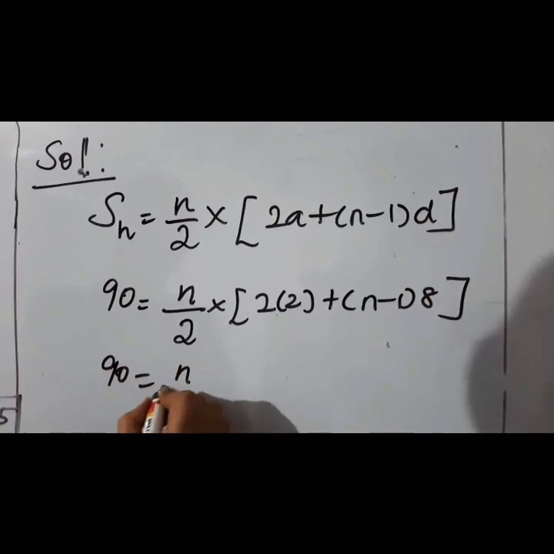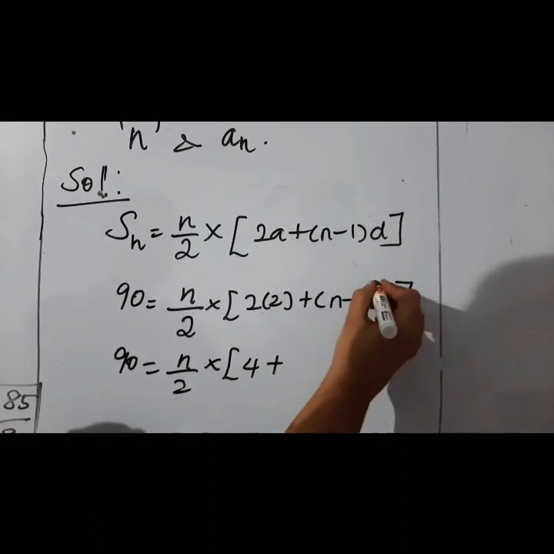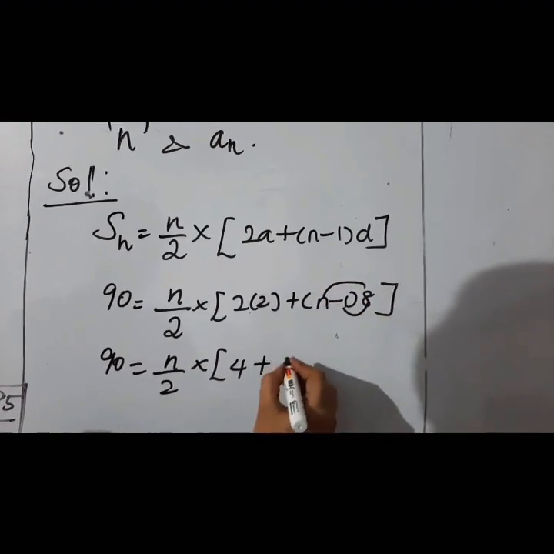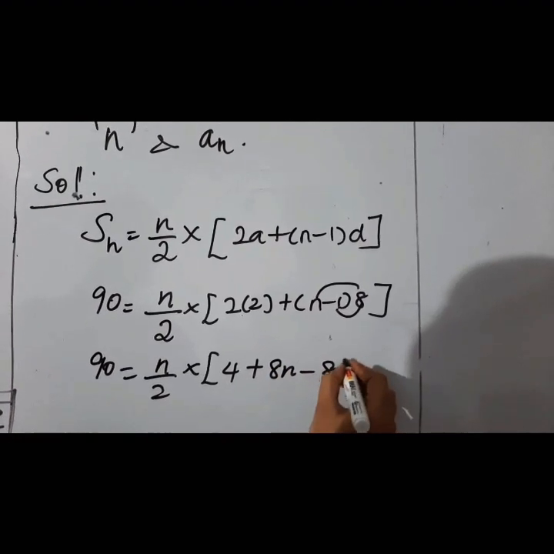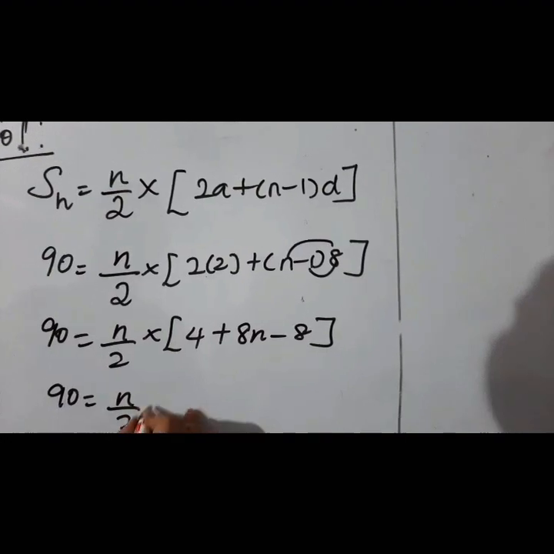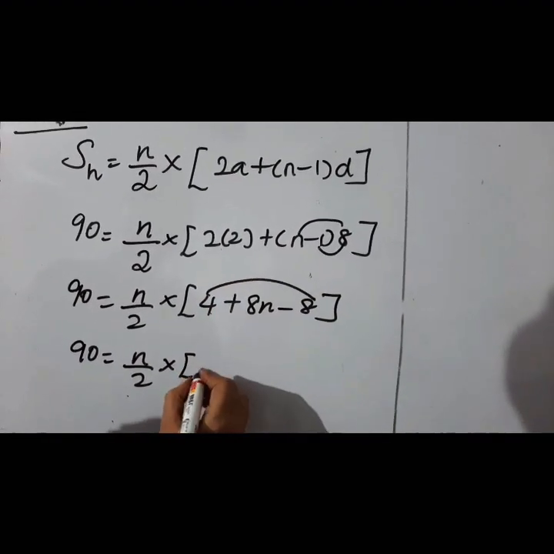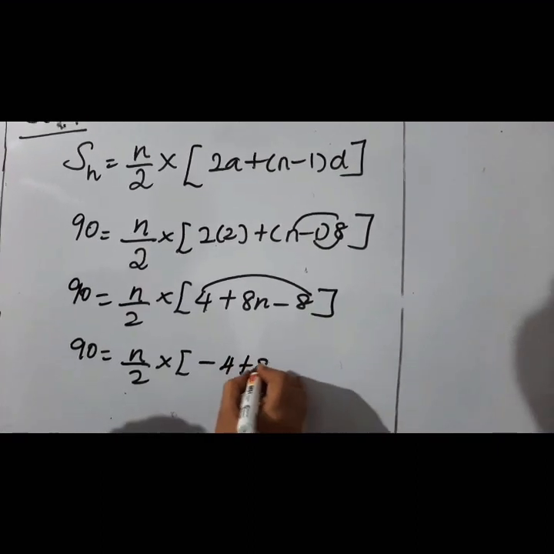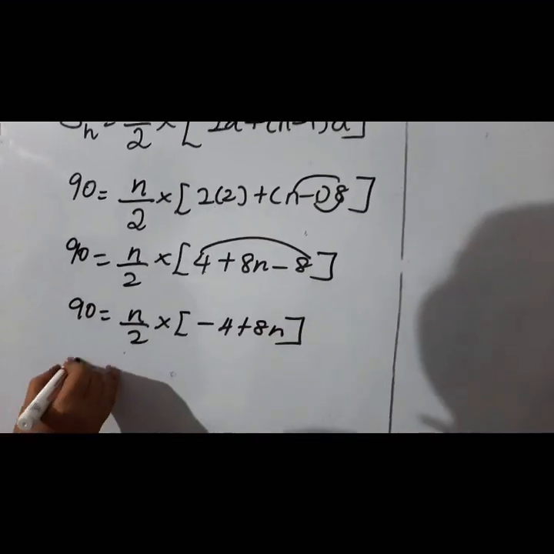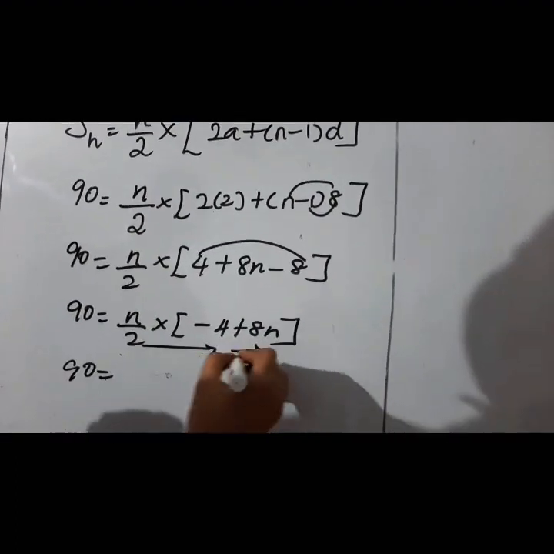90 is equal to N by 2 into 4 plus multiply 8 with N and 1. 8n minus 8. 90 is equal to N by 2 into 4 minus 8 becomes minus 4 plus 8n. Divide this 2 with 4 and 8.